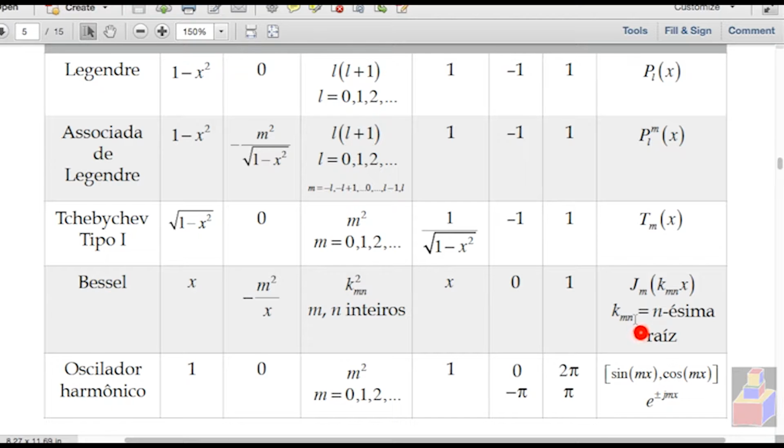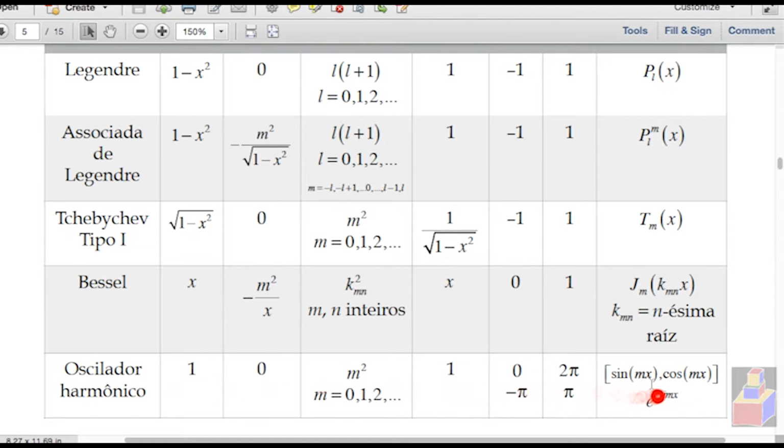So we have to find the roots of the Bessel function to build the orthogonal set of functions. One of the assignments for you is going to be to construct a set of roots, because to construct the functions, I have to find the roots. We have to make an algorithm, a procedure, to do that.